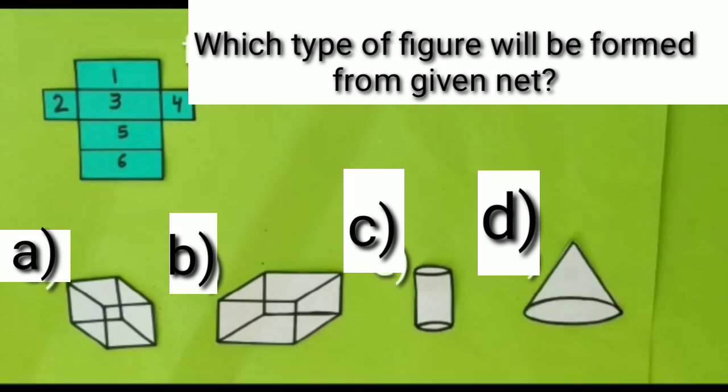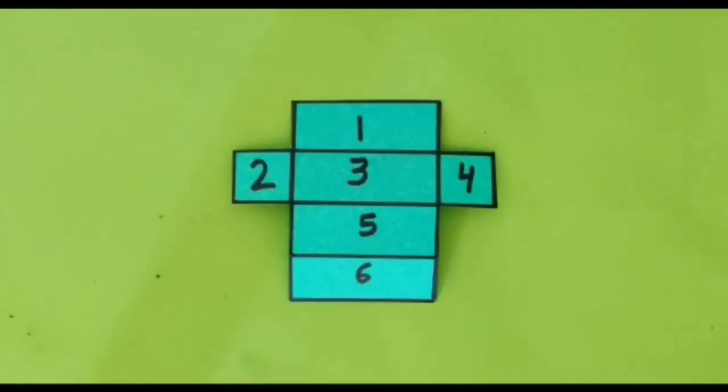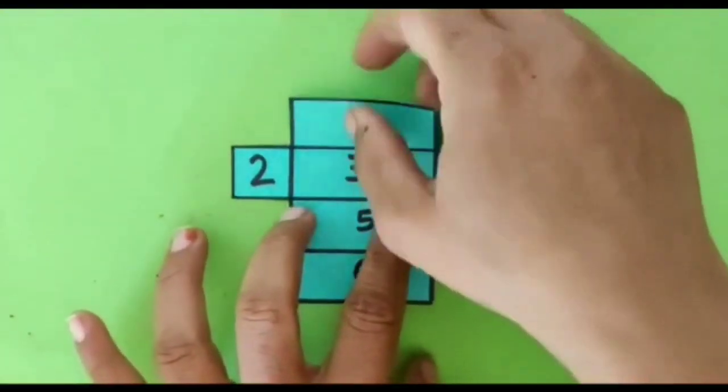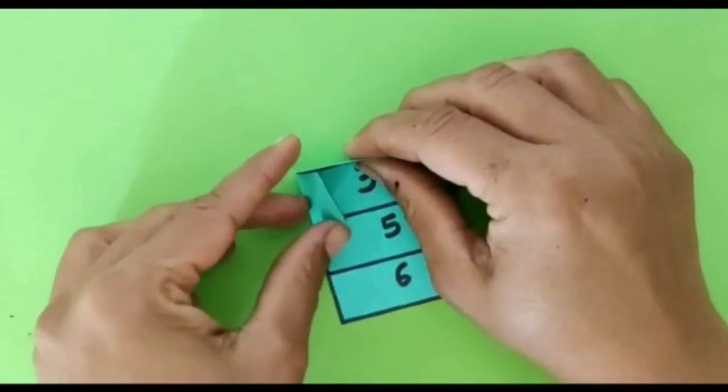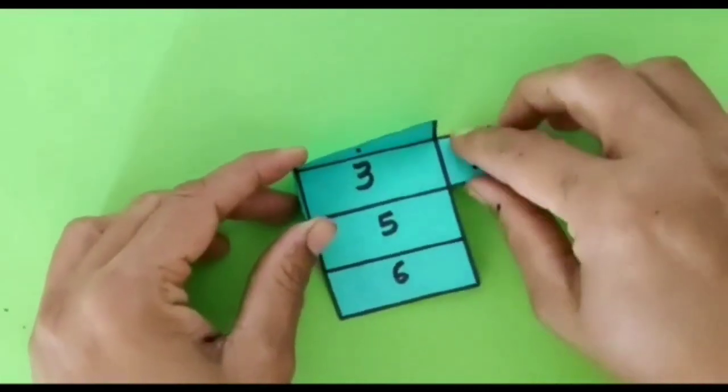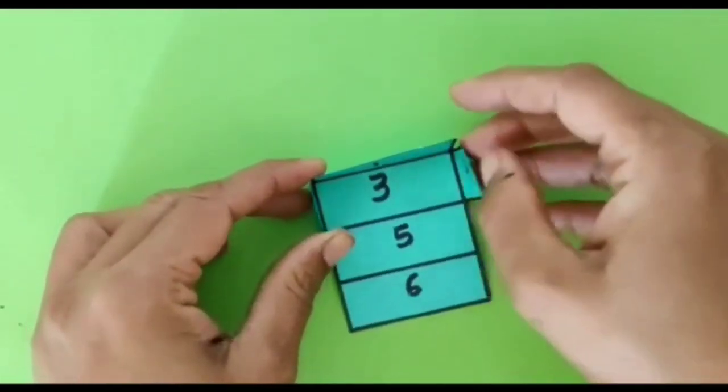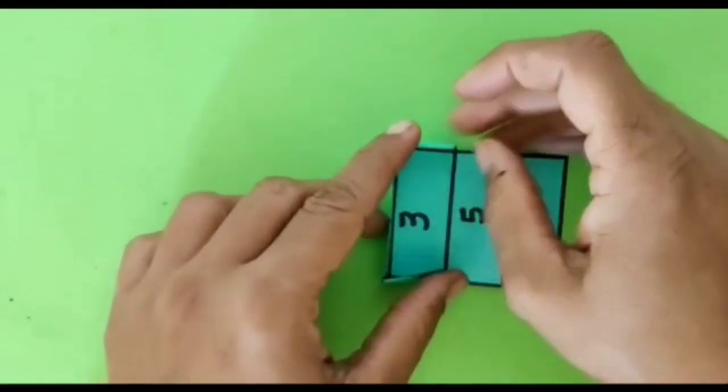So, with the help of the given net, after folding it, we will see which type of figure will be formed in front of us. So, let's take the net. Yes, dear students, here you can see the net and I am folding it from A side. Now it's second box. Now fourth box. Third box will be lying downside.